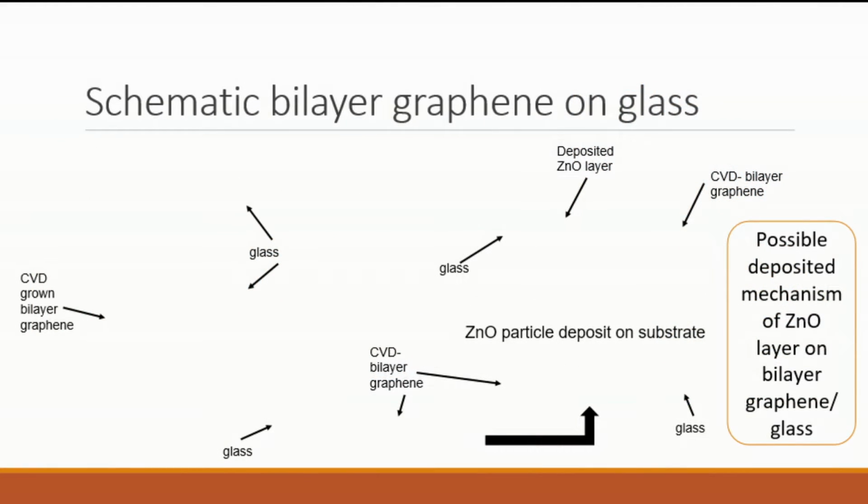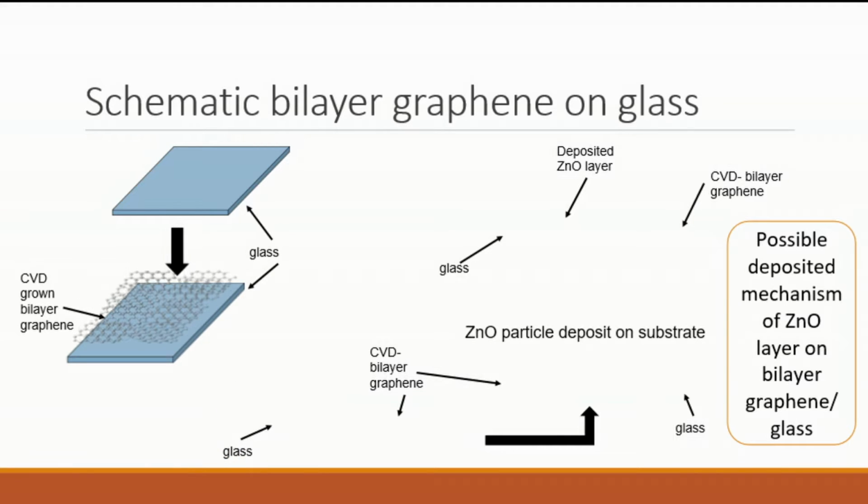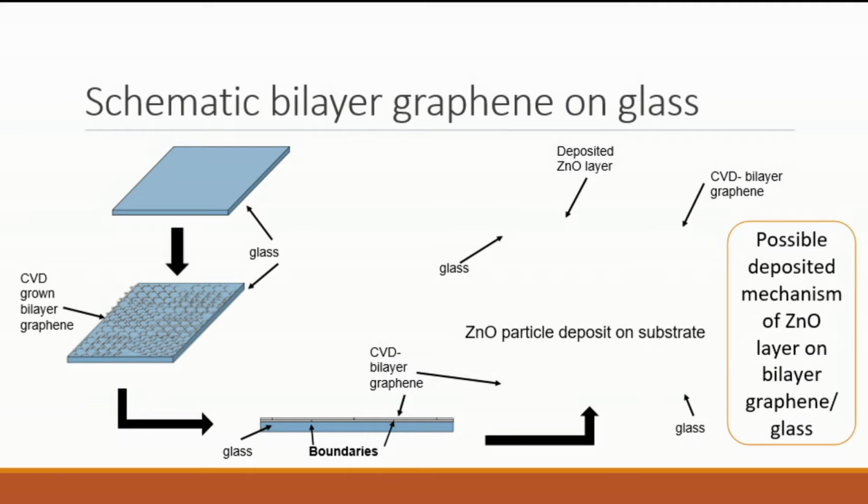This slide shows the possible deposition mechanism of the zinc oxide layer on bilayer graphene on glass in schematic. As you can see, this is the top or bird's-eye view of the CVD bilayer graphene on glass, where the CVD graphene had been transferred onto the glass substrate to become bilayer graphene on glass. From the cross-section of bilayer graphene on glass, we can see that there might be the existence of boundaries in between the graphene islands.